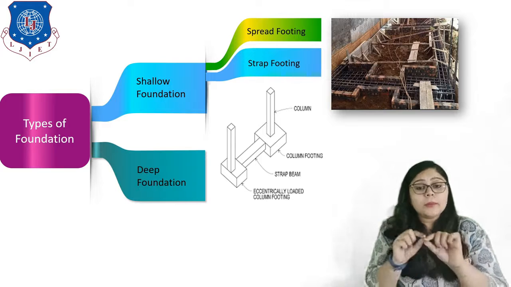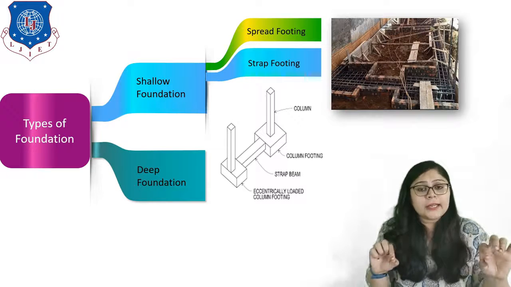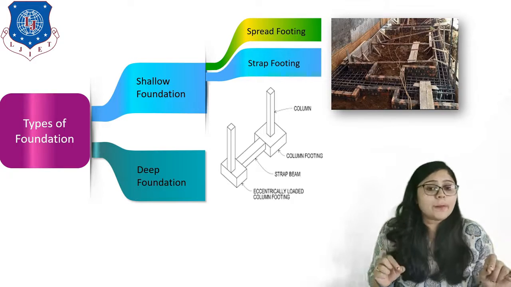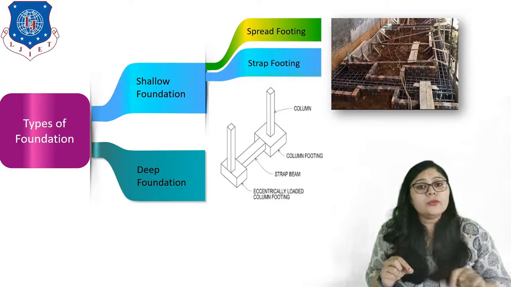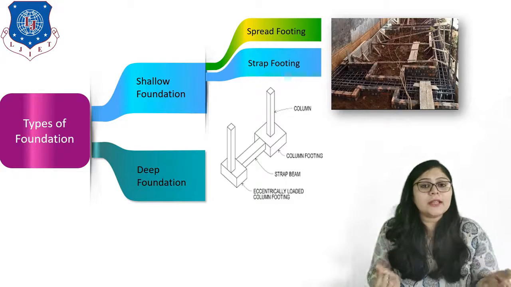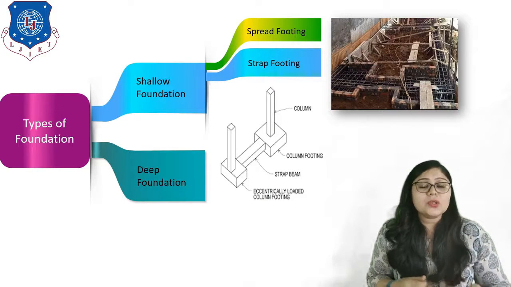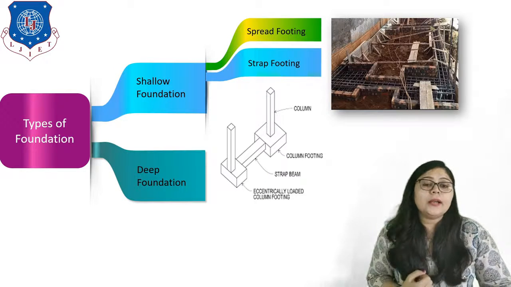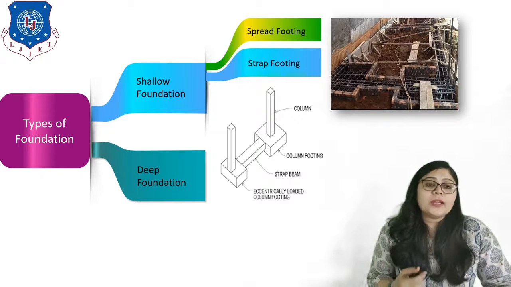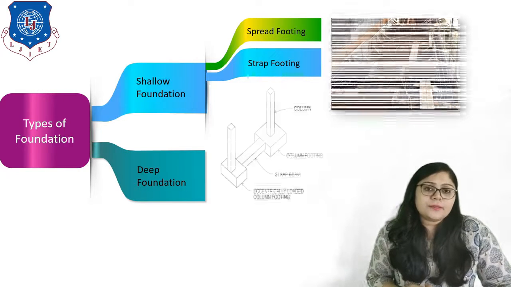The beam which we are connecting is known as the strap beam, and the total footing connecting these two columns is known as the strap footing. So in the field, this is very useful in this kind of condition.